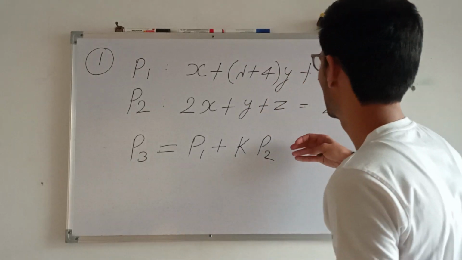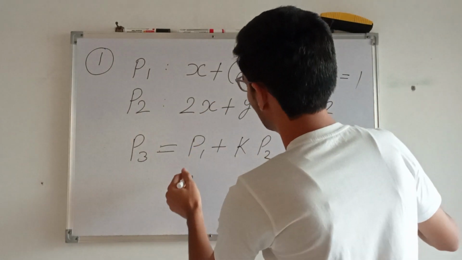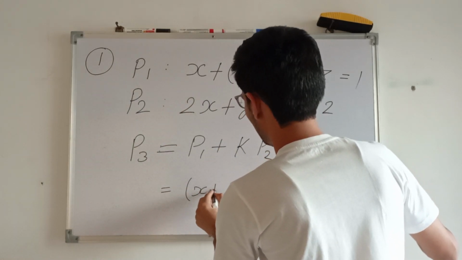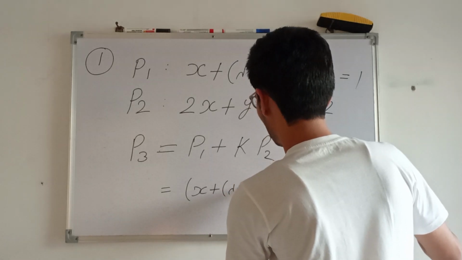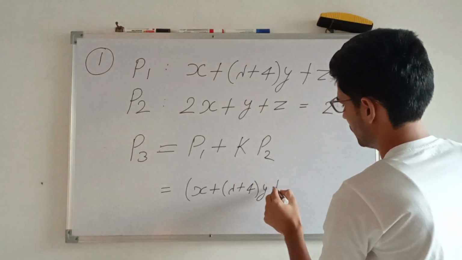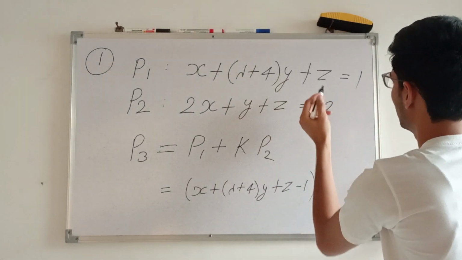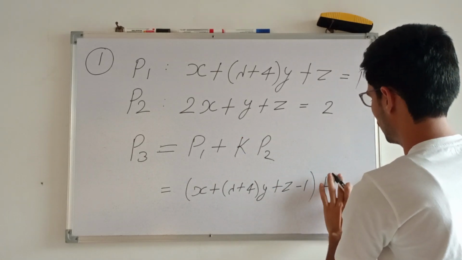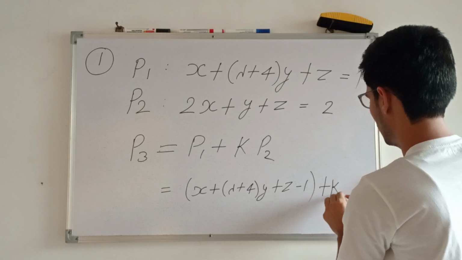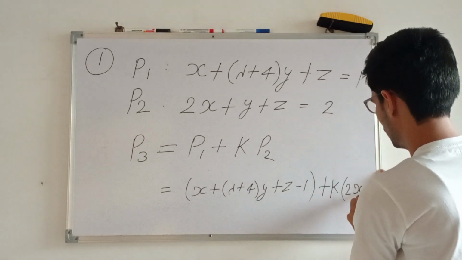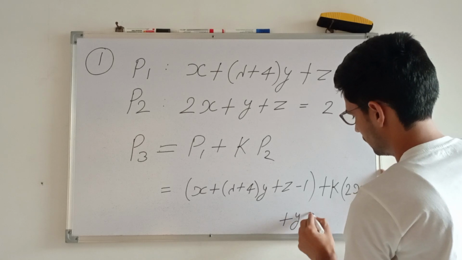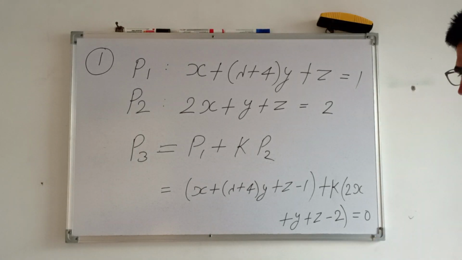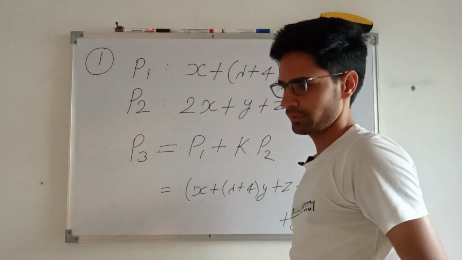So P1 is x plus lambda plus 4y plus z minus 1, we bring this one to this side, plus K times P2, which is 2x plus y plus z minus 2, is equal to 0. This is the equation of plane P3 which is passing through the intersection of planes P1 and P2.